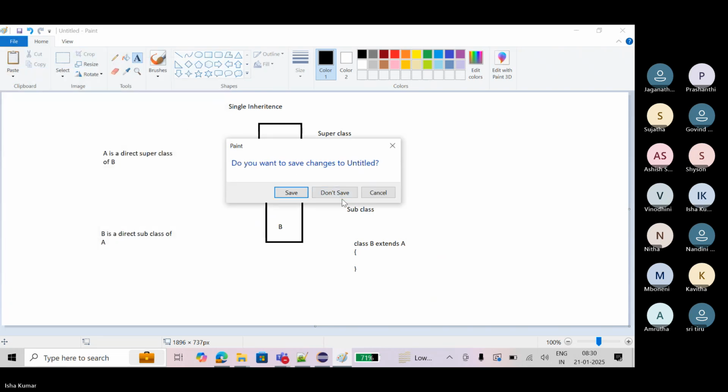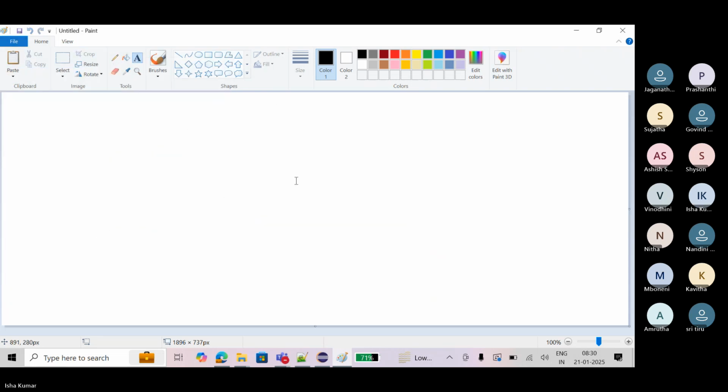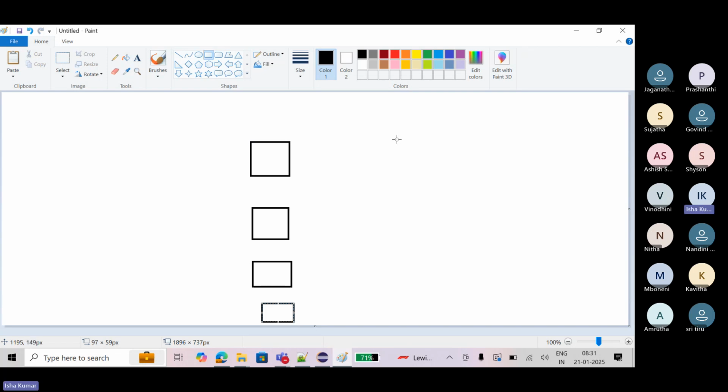Multi-level. Can you see this? The diagram is a little bit imperfect, that's okay.